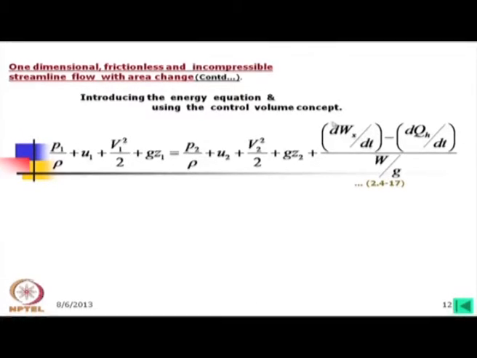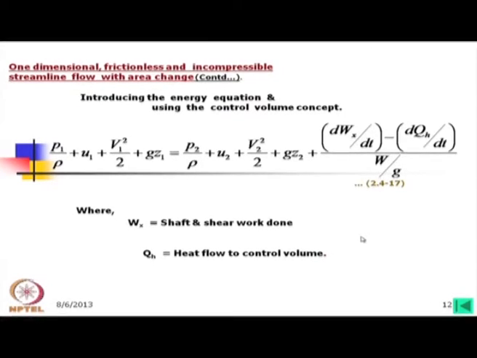This is the work added minus dQH by dt divided by W by G. Now, Ws is the shaft or shear work done and QH the heat flow to the control volume. Here the question is why it is negative; the heat flow in actually reduces this energy.